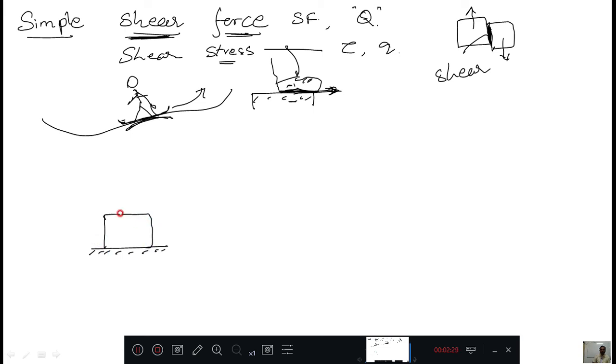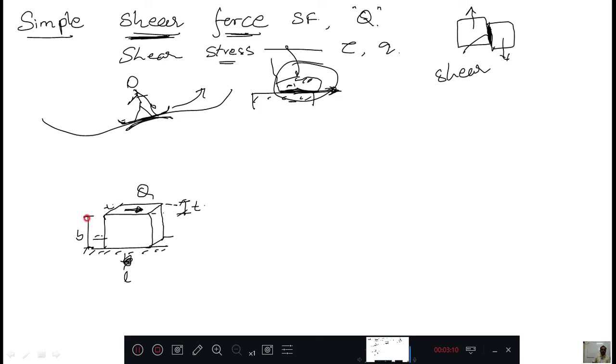Let us consider this block has some uniform thickness, which I will call T. Let us consider this side as L and this as B. Then the force you apply, the sliding force, we will consider as Q.